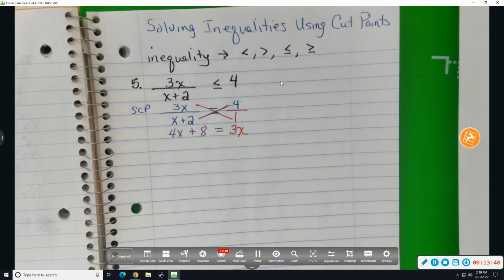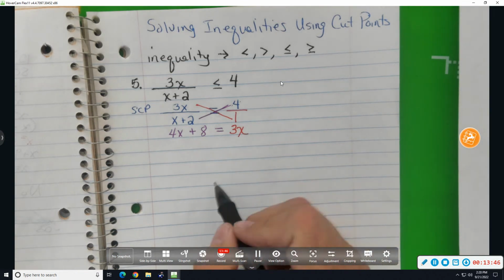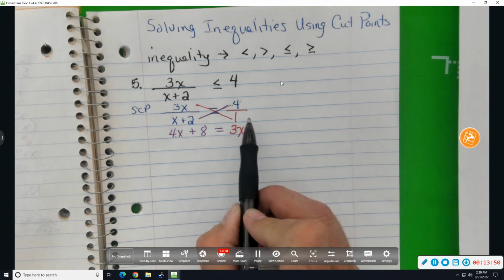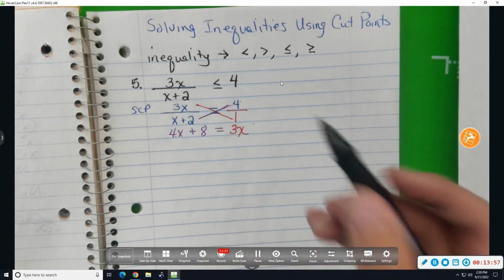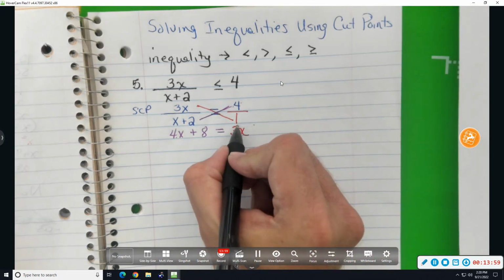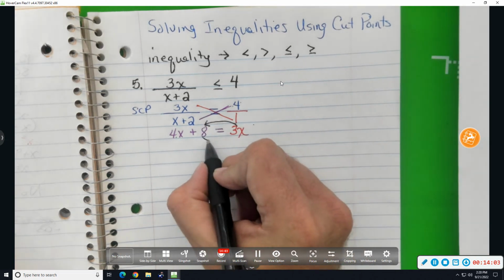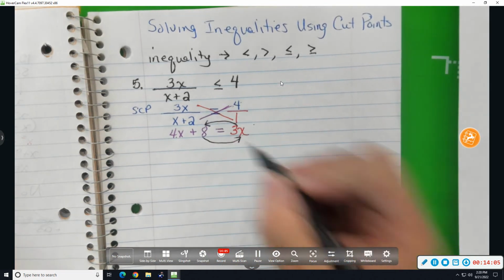Now let's move the stuff around and isolate the x. Look at the way I'm going to move my arrows. I'm not going to move the 4x over to the right because 3 minus 4 would give me a negative. I think it would work out easier if we do this. Let's subtract 3x and subtract 8.